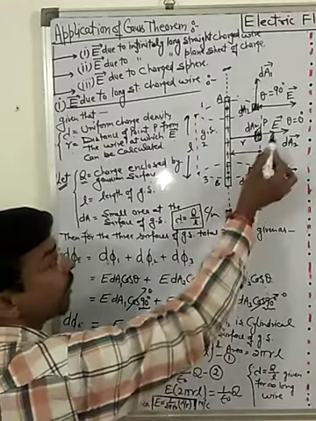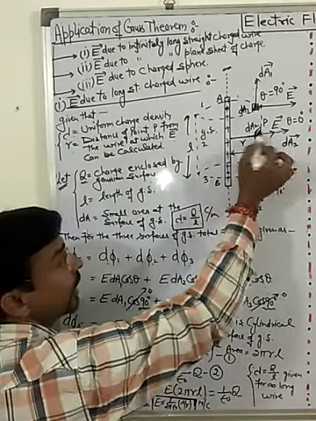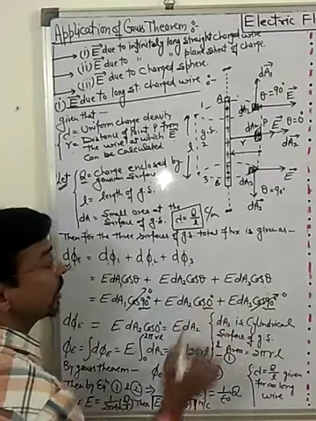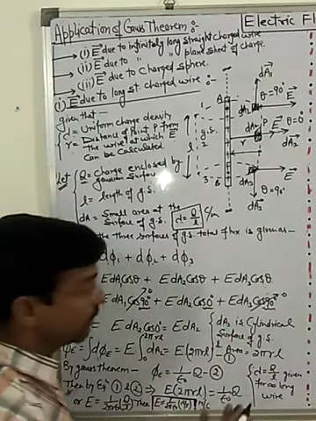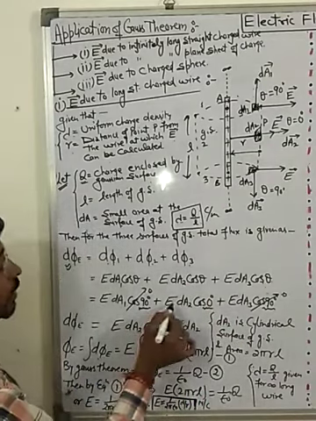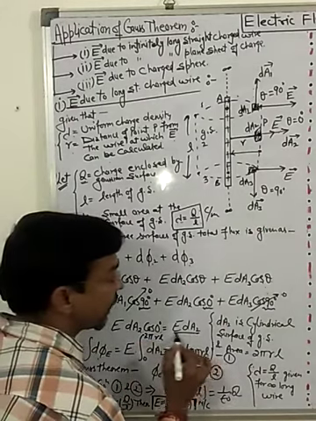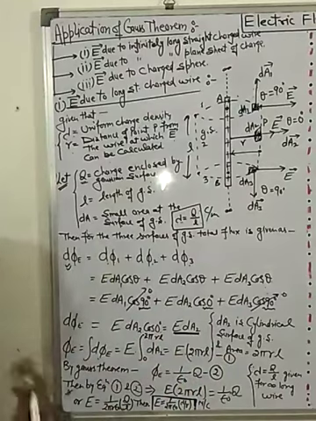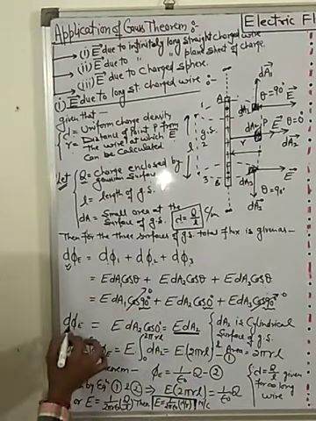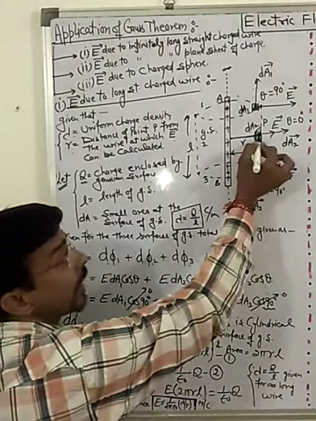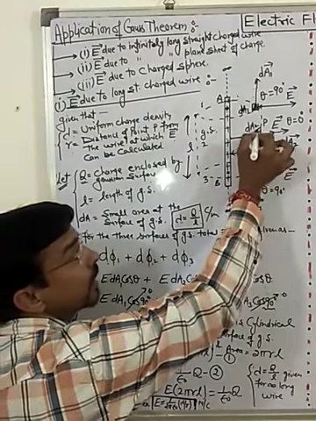And what is the angle between the electric field and the area vector? It is 0 degrees, and cos 0 is 1. So it becomes E dA cos 0, which can also be written as E dA2. So it is the small flux released by that small area dA2.